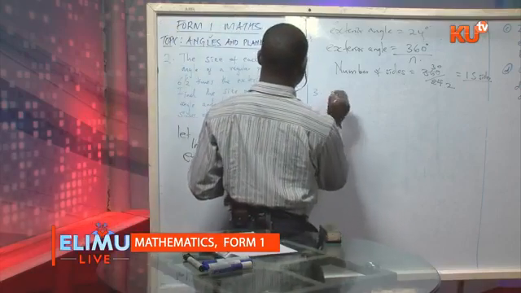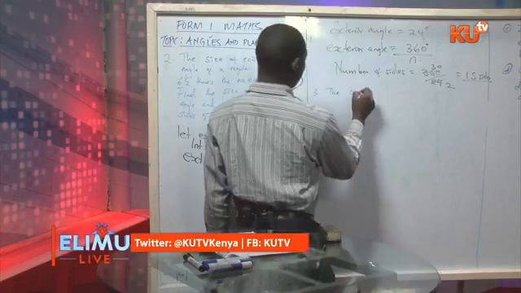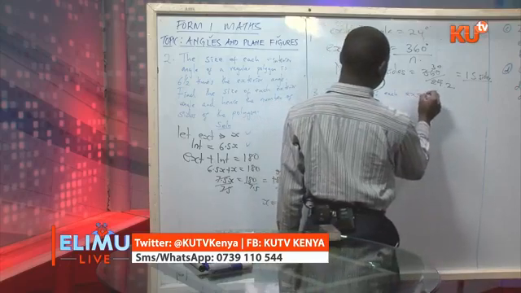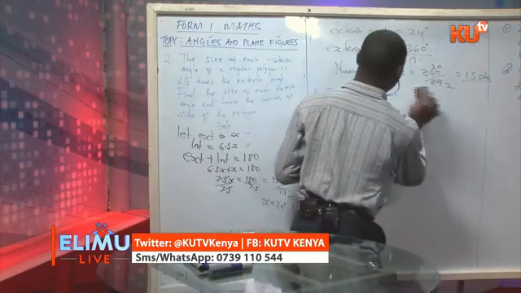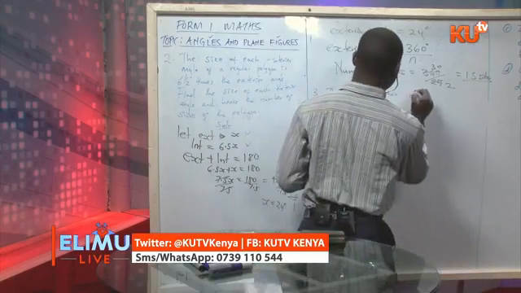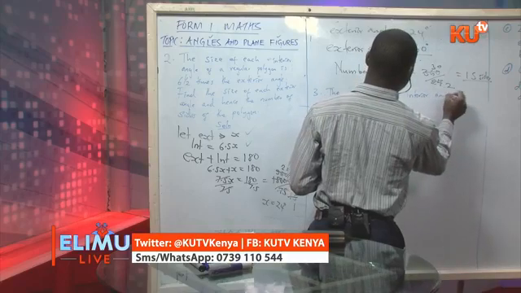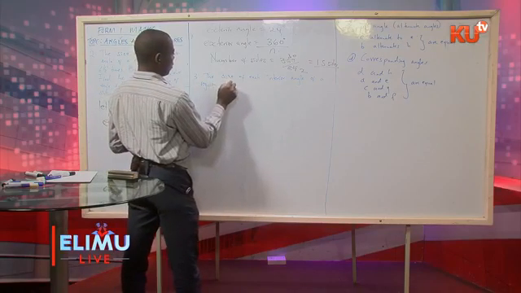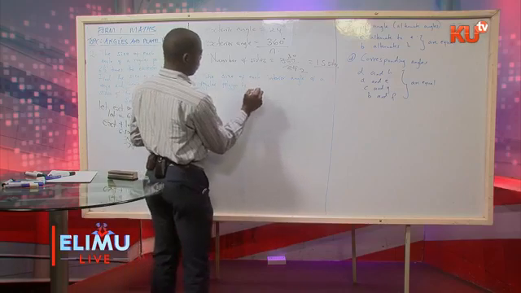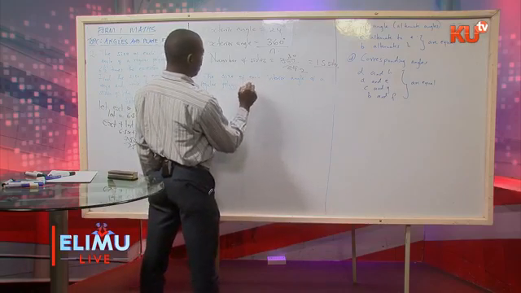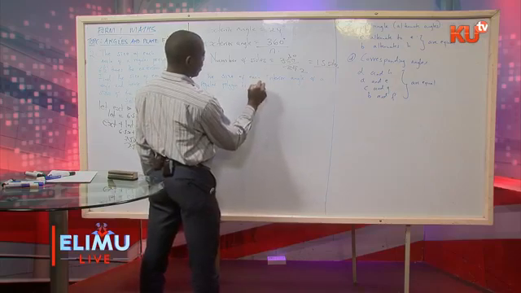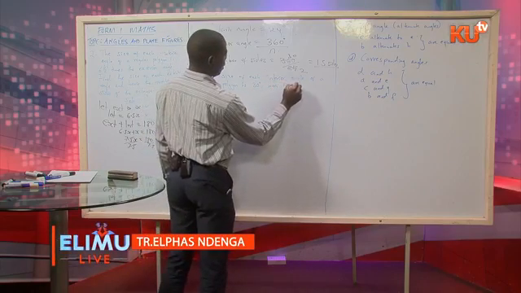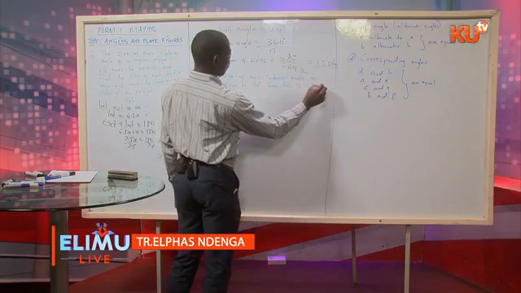Number 3, you're told that the size of each interior angle of a regular polygon is 30 degrees larger than the exterior angle.